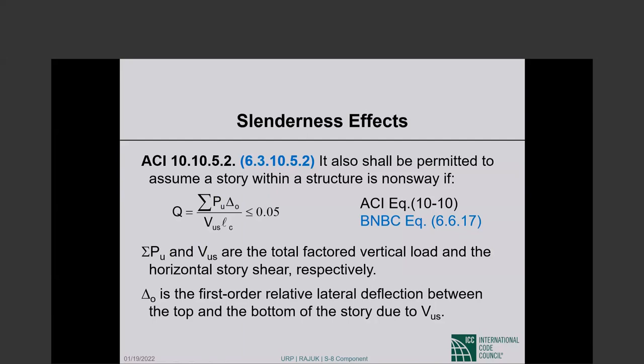Okay. The P sub U times delta sub 0 is secondary moment. V sub US times L sub C is primary moment. And this is the secondary to primary moment ratio for the entire story. And that being less than 5% gives you a braced story.